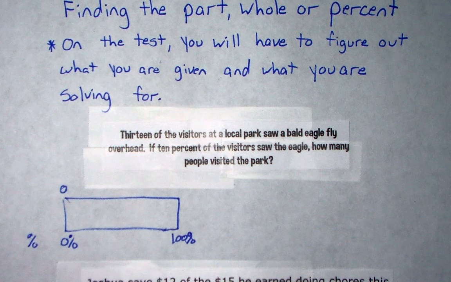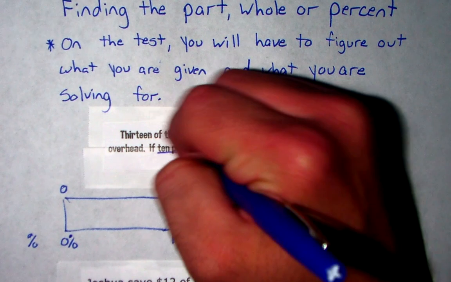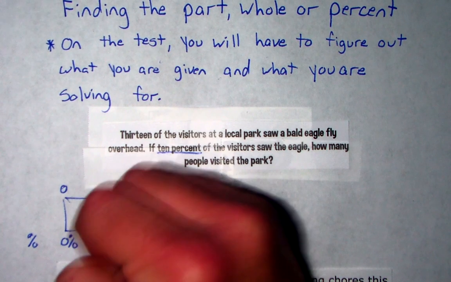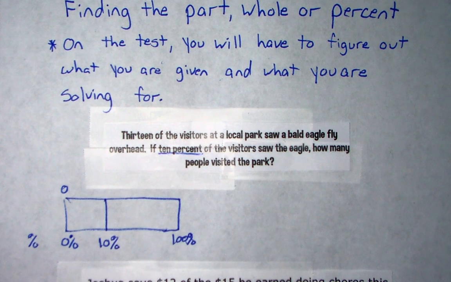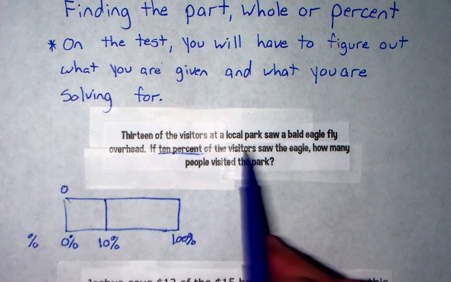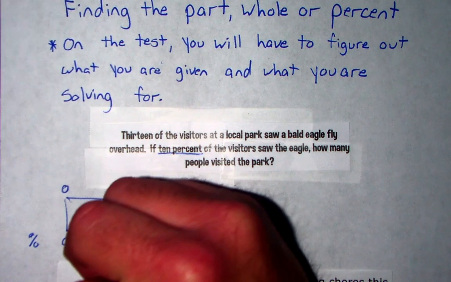All right. 13 of the visitors at a local park saw a bald eagle fly overhead. If 10%, oh, look at that, it gives me a percent. I'm going to fill that in right now. If 10% of the visitors saw the eagle, how many people visited the park?